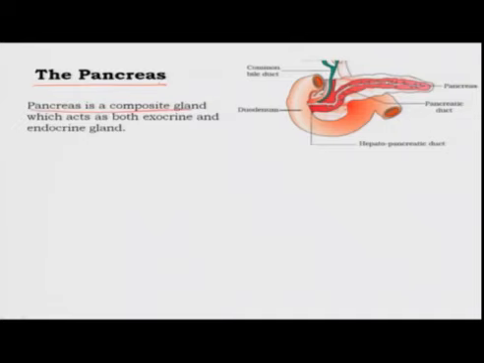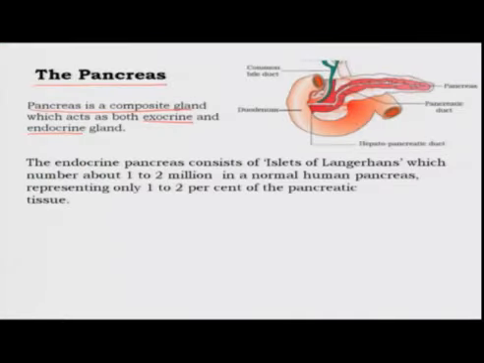It is made up of two kinds of cells, those that perform an exocrine function and those that perform an endocrine function. Exocrine is because it secretes certain digestive enzymes, and it also secretes certain hormones which perform the endocrine function.